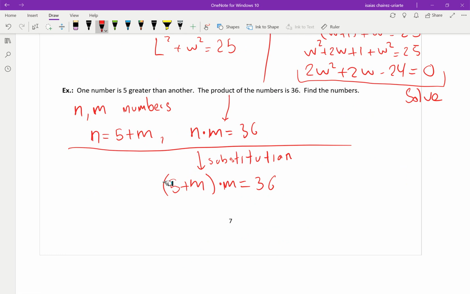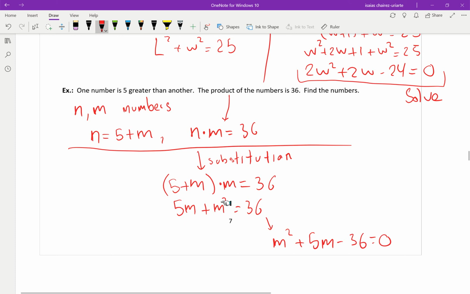This is a quadratic now. The quadratic looks like this: 5M plus M squared equals 36. Or if you set it equal to 0, you should have M squared plus 5M minus 36 equals 0. Once you find the number M, you can find the number N by adding 5. So here you still need to solve.